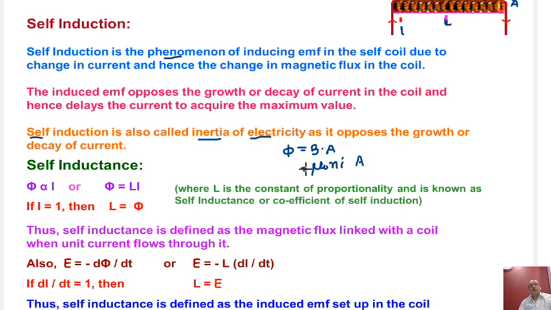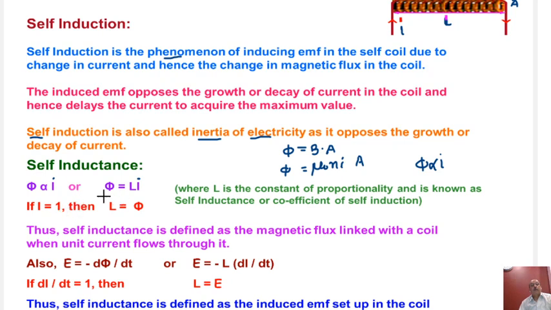So the flux is directly proportional to current. How? Mu naught is the permeability of vacuum. It is constant. N is the number of turns per unit length of the coil. It is constant. Area of the coil is constant. So flux is directly proportional to current, or flux is equal to L i.